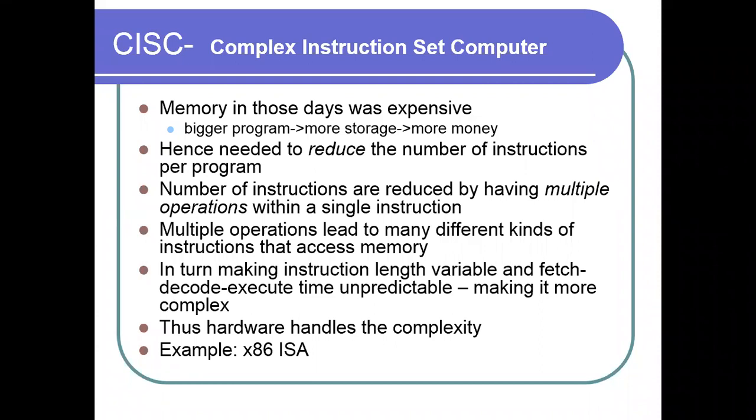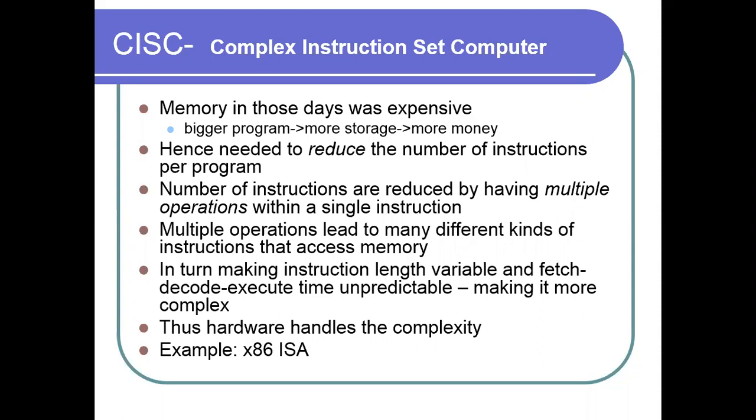So there was a need to reduce the number of instructions per program. How can we reduce the number of instructions? By having multiple operations within a single instruction. That is, if I want to perform an addition, in the single instruction I will specify the operands as well as the addition operation.